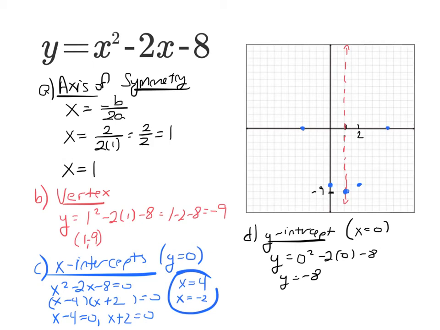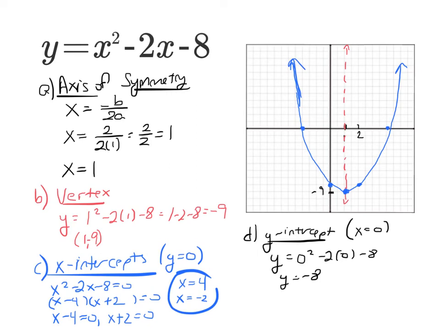And now we've got these really nice 1, 2, 3, 4, 5 points. Our x-intercepts, our y-intercept, its reflection, and our vertex. We connect those points. Whoops. We connect those points and we have our parabola.